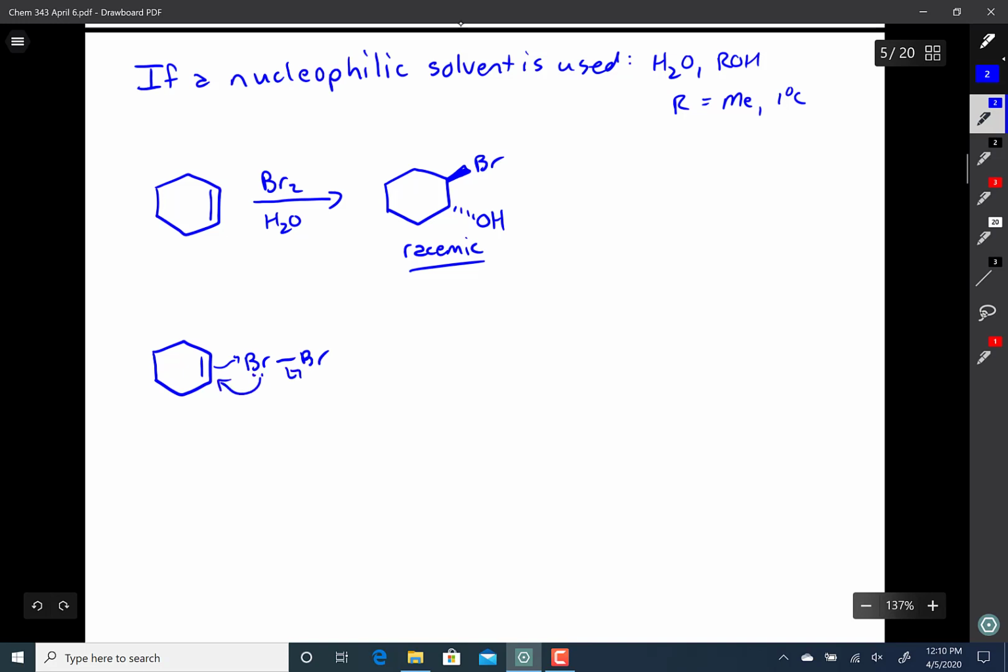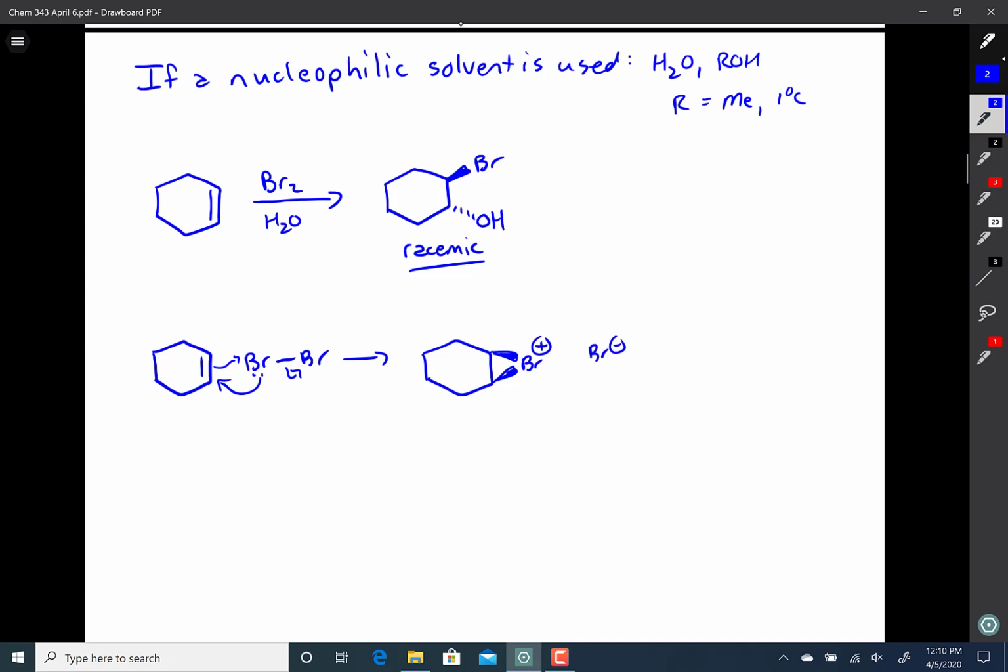So in the mechanism, you get the bromination, forming the bromonium species. And that launches the Br- off.